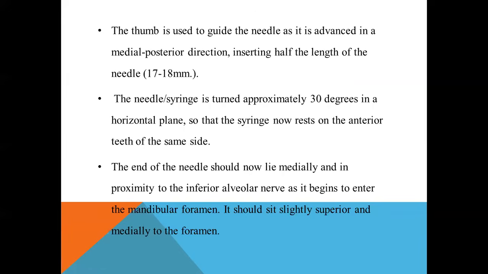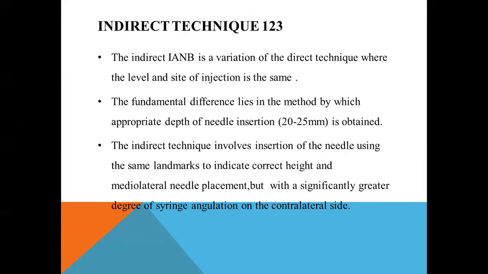The thumb is used to guide the needle as it advances in the medial posterior direction. Insert half the length of the needle, and the syringe is turned approximately 30 degrees in the horizontal plane so that the syringe now rests on the anterior teeth. The end of the needle should now lie medially and in proximity to the inferior alveolar nerve as it begins to enter the foramen. So it should sit slightly superior and medial to the foramen.